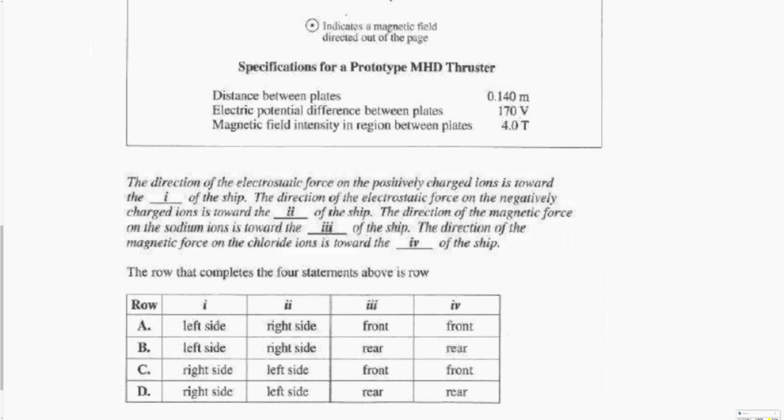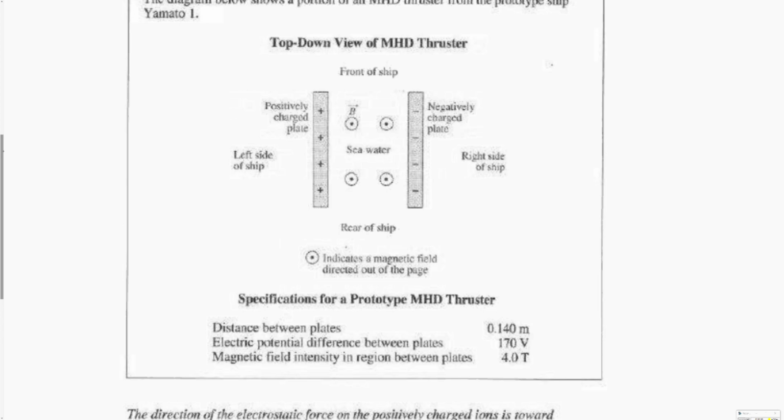This one's interesting here. The direction of the electric force on a positive particle. Look, we've already established that the electric field points this way. If we have a positive particle, which way would the force be?